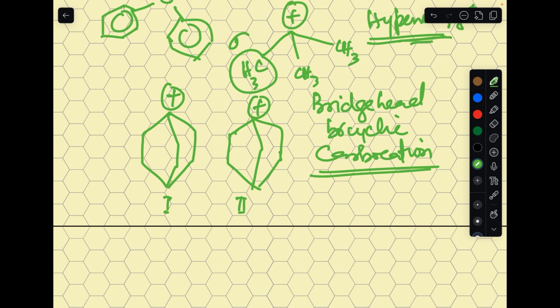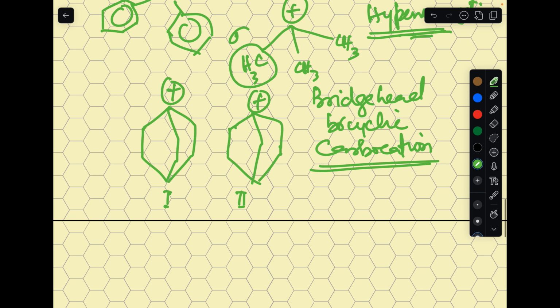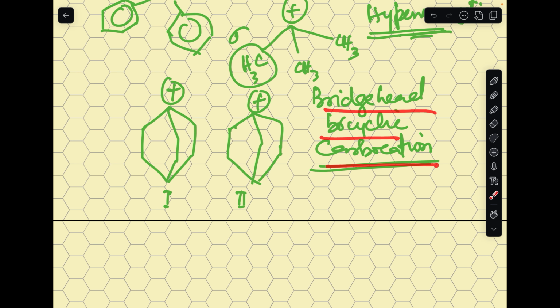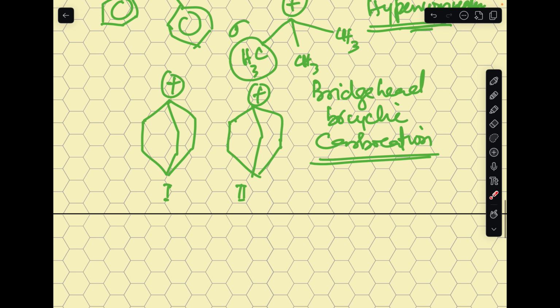Here the geometry decides which carbocation is stabilized. Both are bridgehead bicyclic carbocations. Here this is a bridgehead carbon, this is a bridgehead carbon. They are actually bicyclic compounds. The positive charge generated here is on the bridgehead carbon, and here the positive charge is generated on the tertiary carbon. So maybe students will assume that both may be of equal stability, but it is not the question of degree, but it is the question of geometry here, which allows us to tell which one is more stabilized.